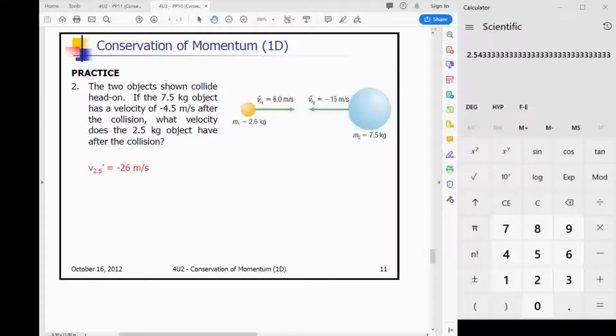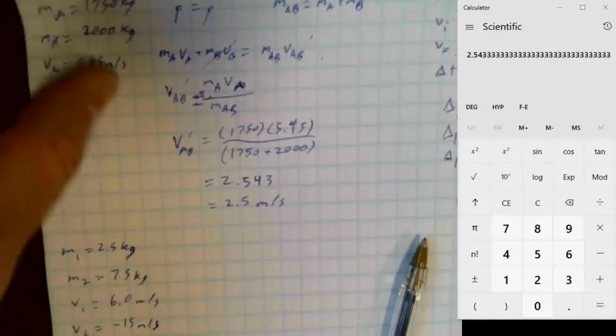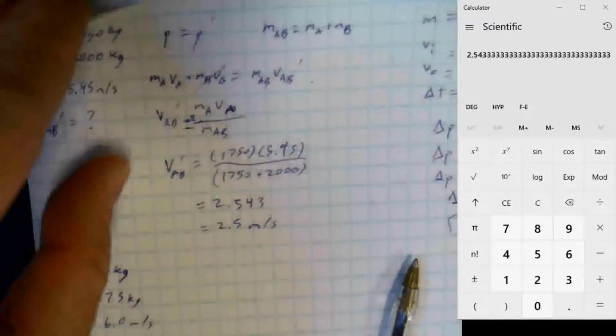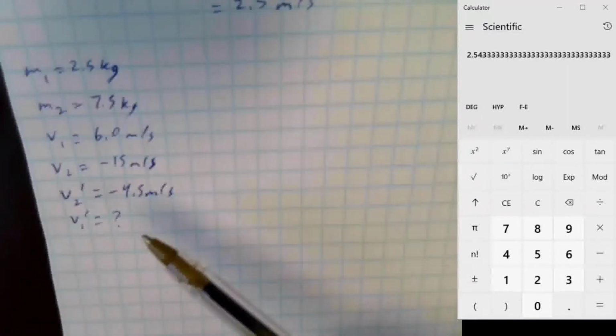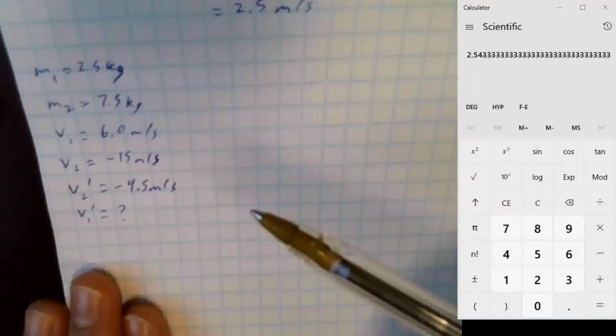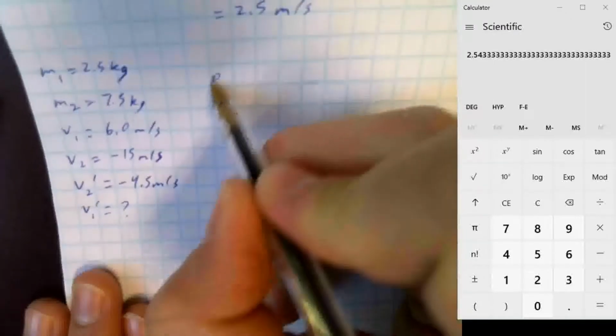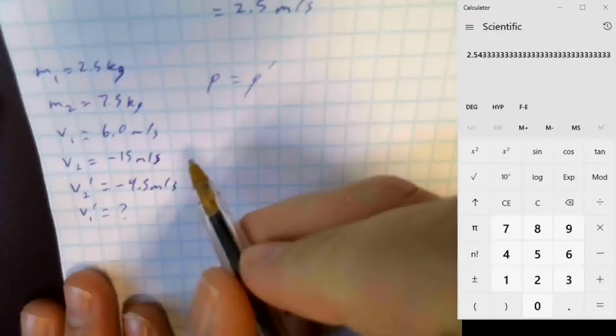So looking at our paper here, sorry, I'm just going to move this up, we end up seeing that with all of our givens, the only thing that we need to solve for is this V1 prime, and our momentum before is equal to our momentum after.